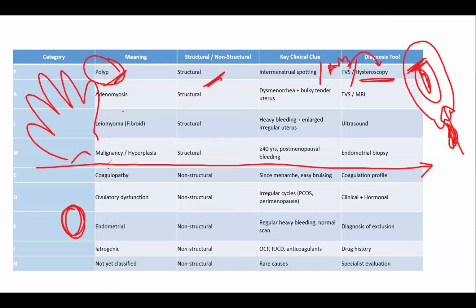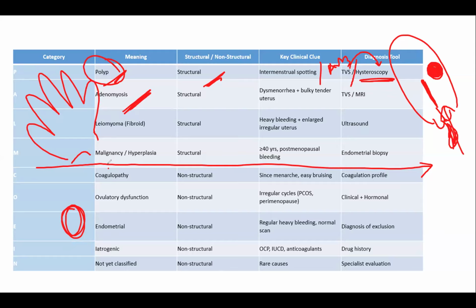Second, A, is adenomyosis. Adenomyosis is also a structural abnormality where usually the endometrium will be lying inside, right? Here, endometrium. So every time you get periods, you get bleeding only from inside. But whenever this endometrium lies in between the myometrium layers, and it starts bleeding and this also starts bleeding, this forms adenomyosis, and slowly over a period of time it will form a mass inside the uterus.